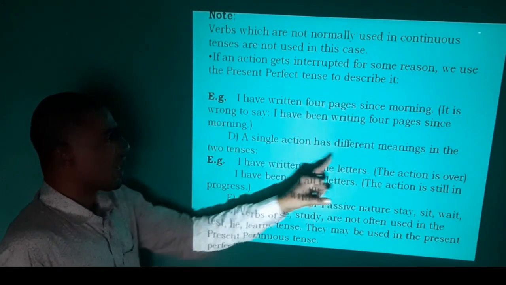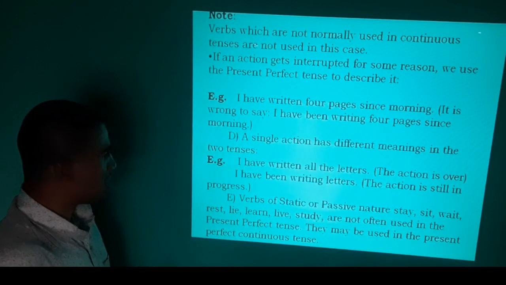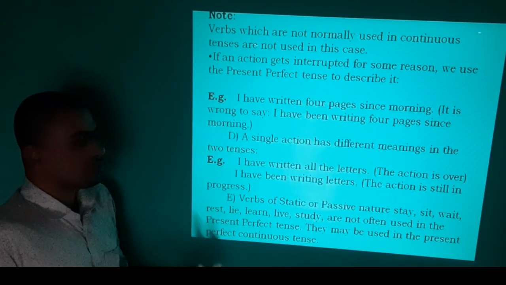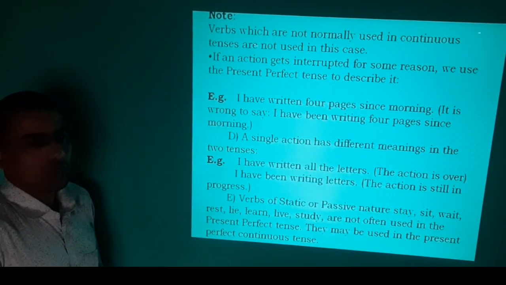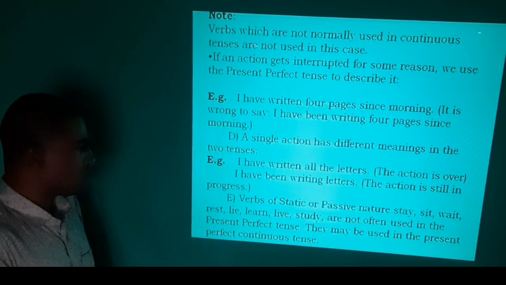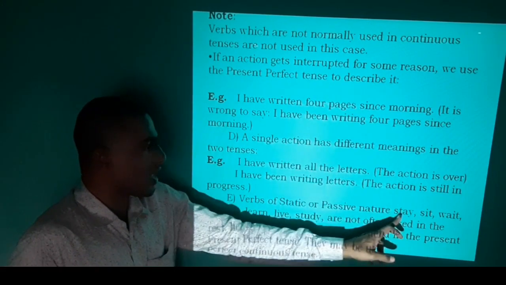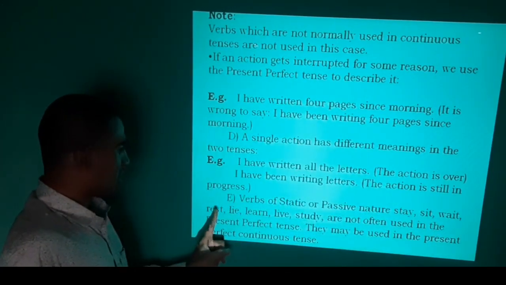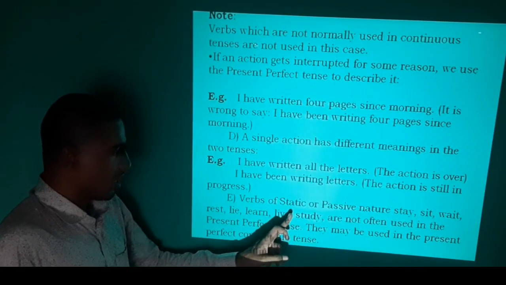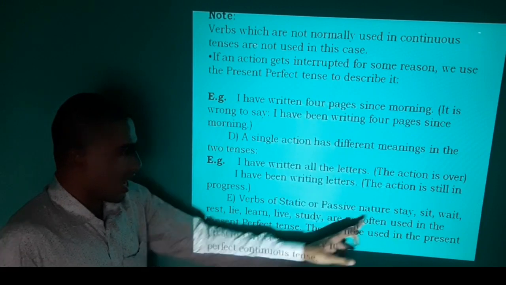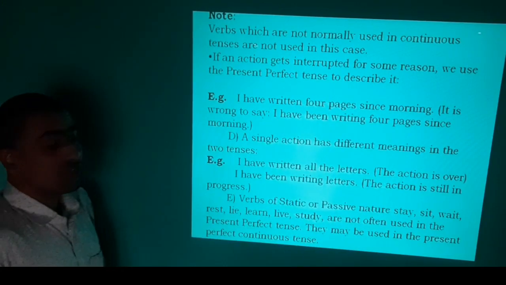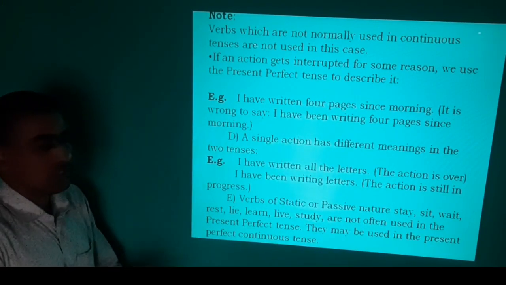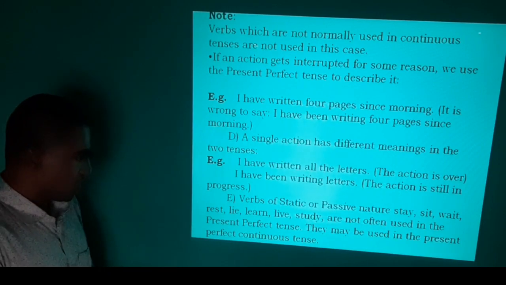So here a single action has different meanings in the two tenses. Verbs of static or passive nature like stay, sit, wait, rest, lie, learn, live, study are not often used in the present perfect tense. They are always used in the present perfect continuous tense.